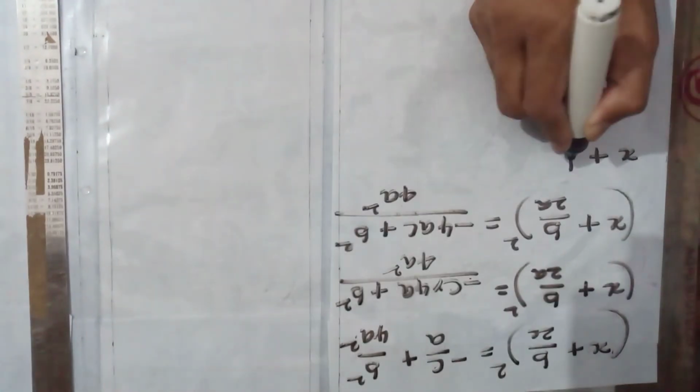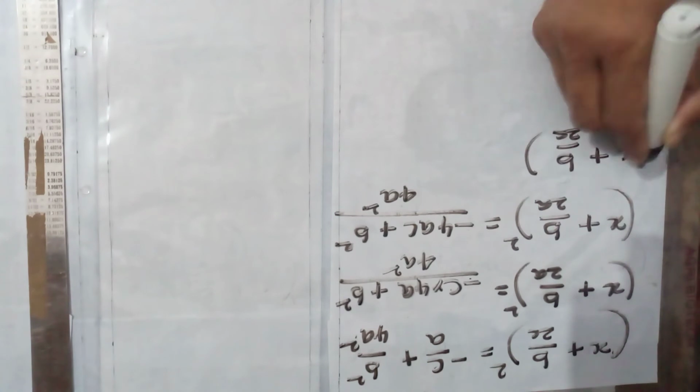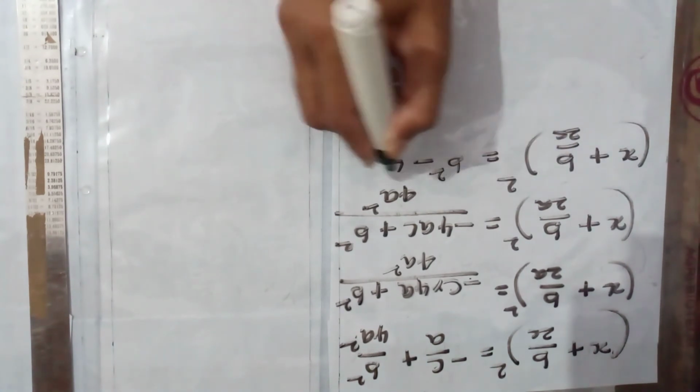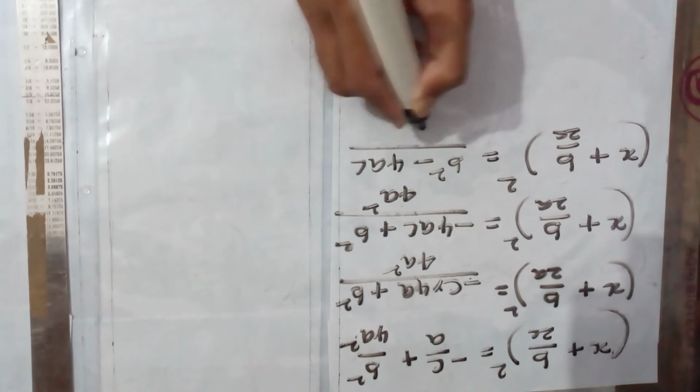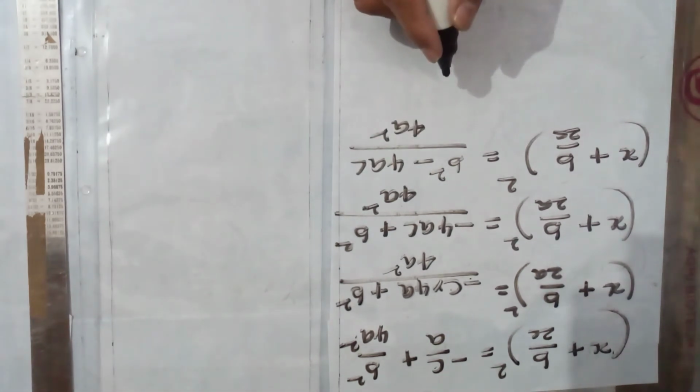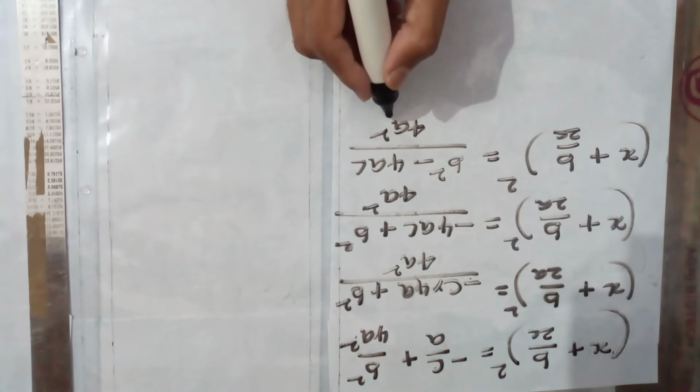Write the term in proper manner. That is nothing but the positive term needs to be written first, followed by the negative term. Therefore, our term will be b square minus 4ac by 4a square.